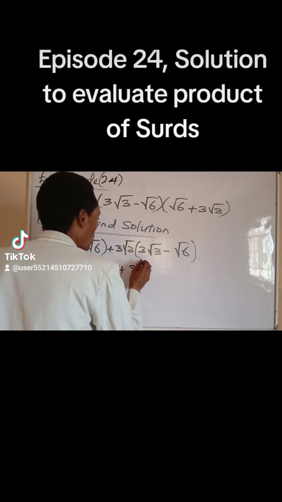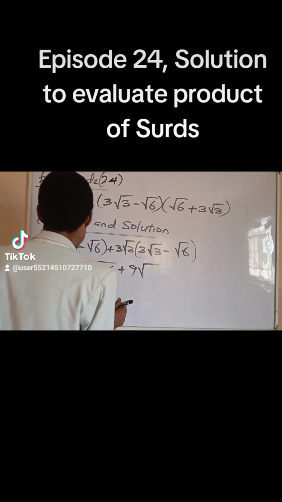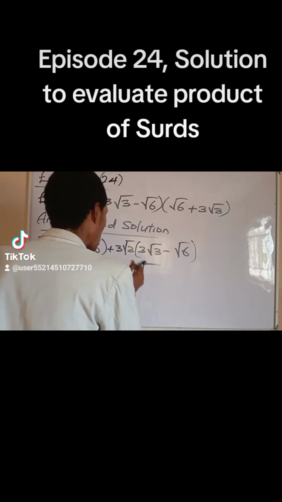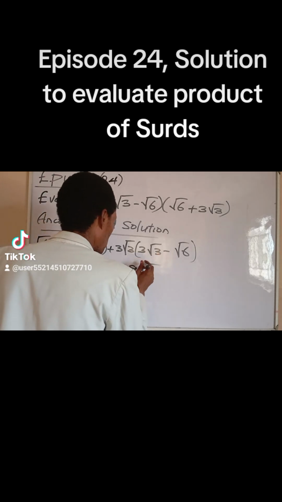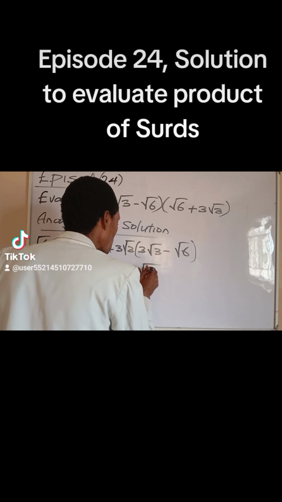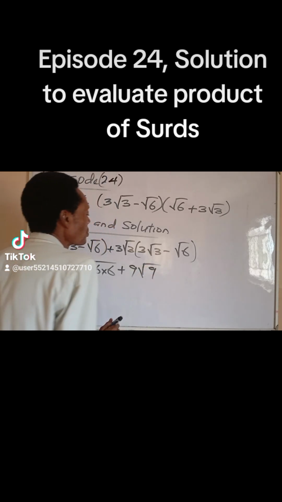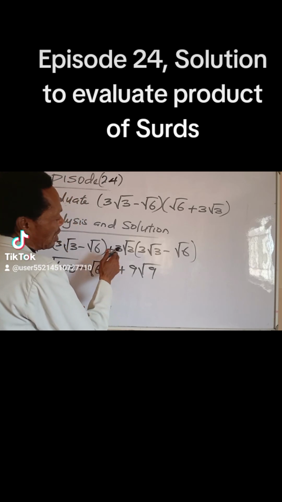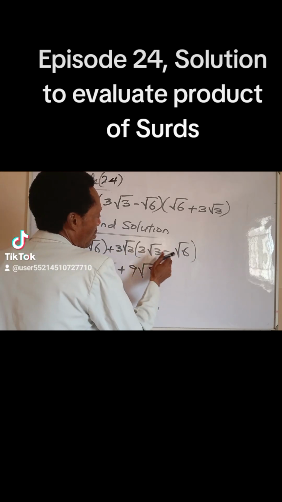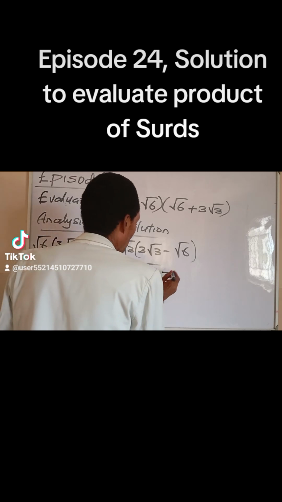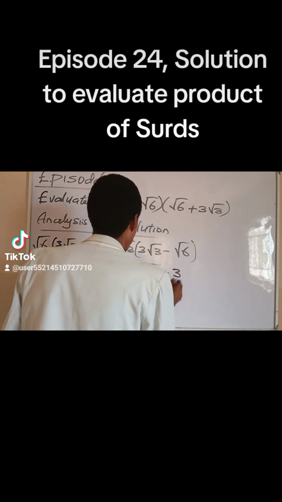Then 3√3 times minus √6 will give us minus 3.